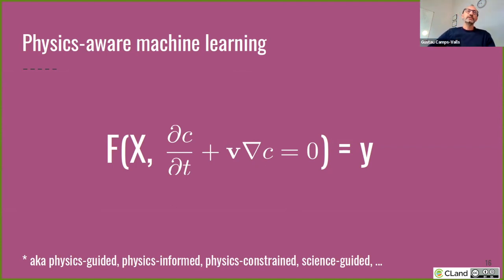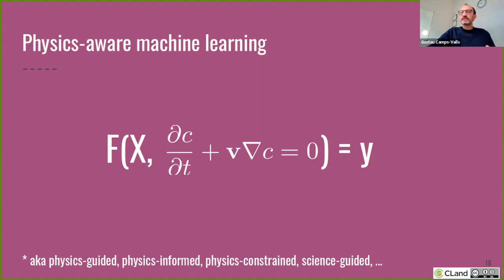So there is this new field where one wants to interact with domain experts, domain knowledge, and a priori functions, in such a way that you modify your function of interest, this F machine, not only by exploiting the patterns in X, but also by incorporating domain knowledge in the form of differential equations or priors into the model, right? This is the field called physics-aware machine learning.